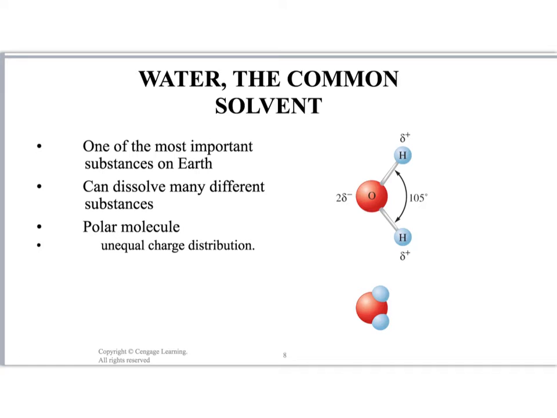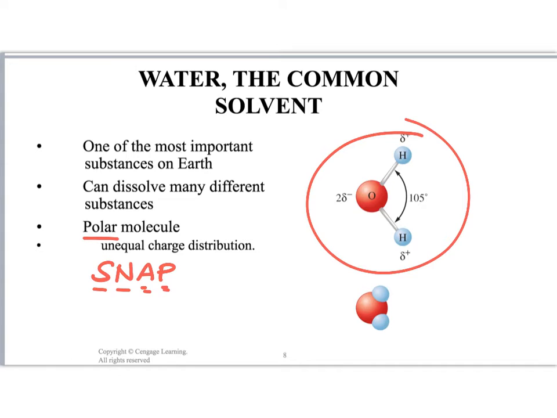The reason why so many things are present in aqueous solutions is due to the nature of the water molecule. Water is known as a universal solvent, a common solvent, because it is polar. This is something that you learned in Regents chemistry, if you recall, the mnemonic device SNAP. Symmetrical molecules are nonpolar. Asymmetrical molecules are polar. Water molecules are asymmetrical.